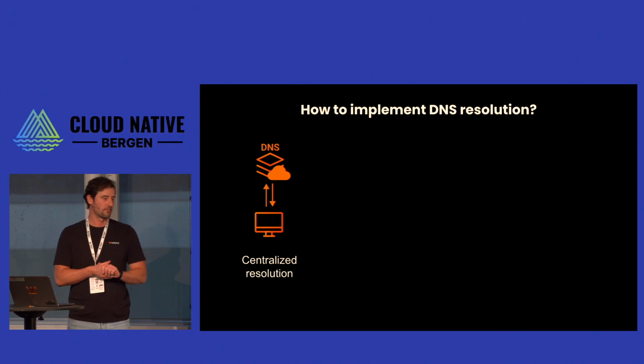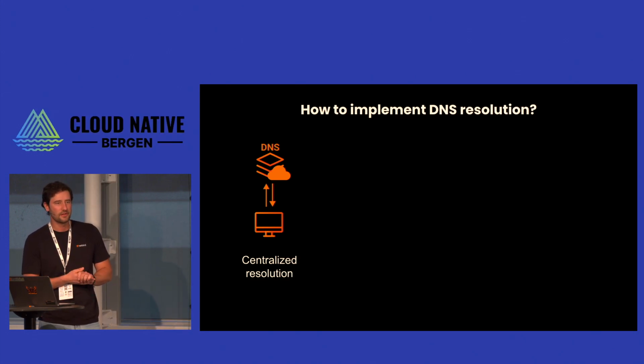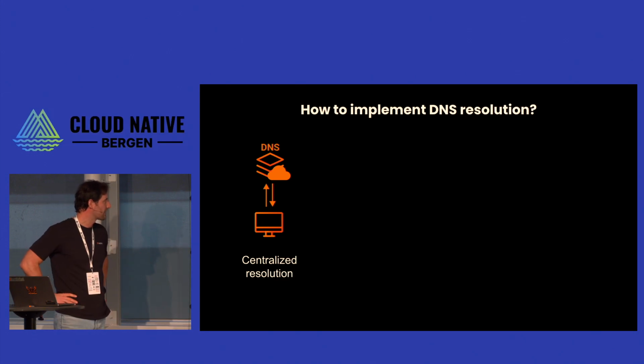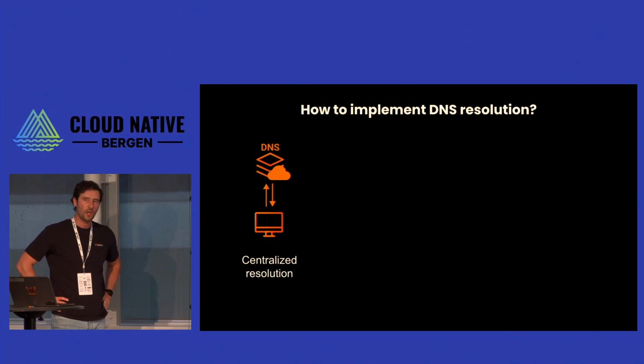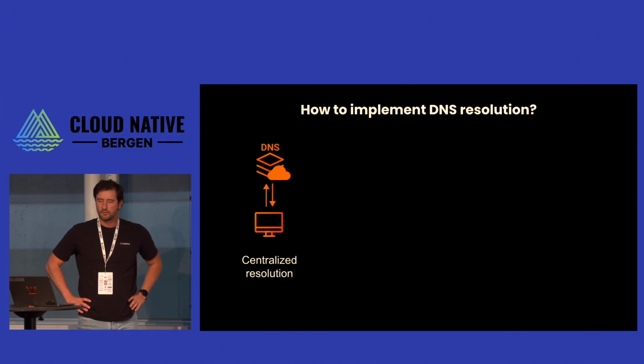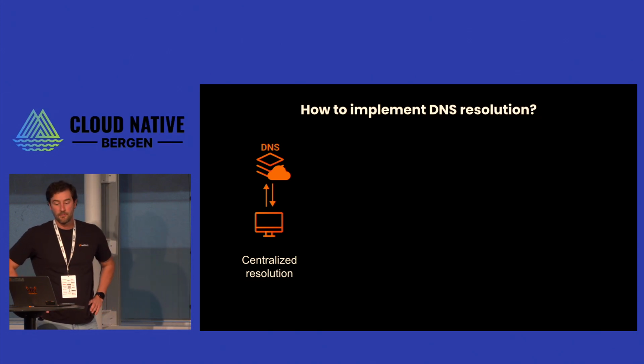As any engineering team does, we started brainstorming multiple solutions. The first one is centralized resolution, which is not really a suitable case for us, but it was very obvious.